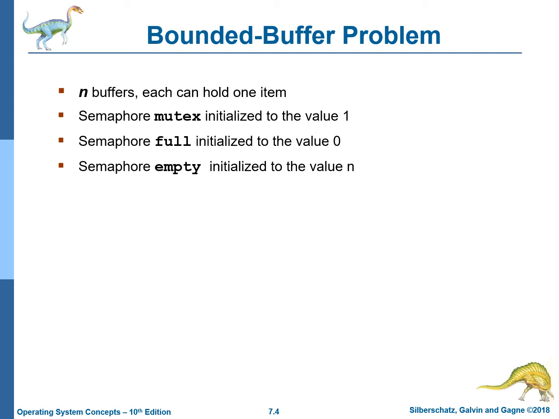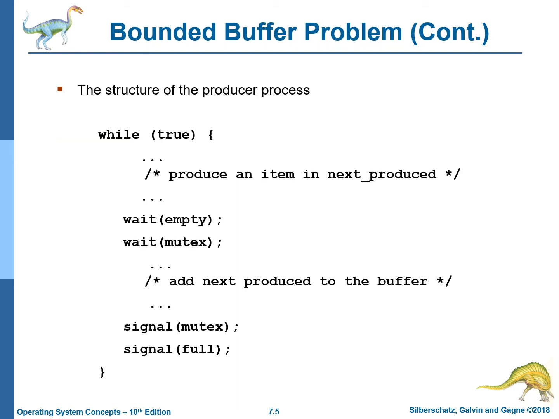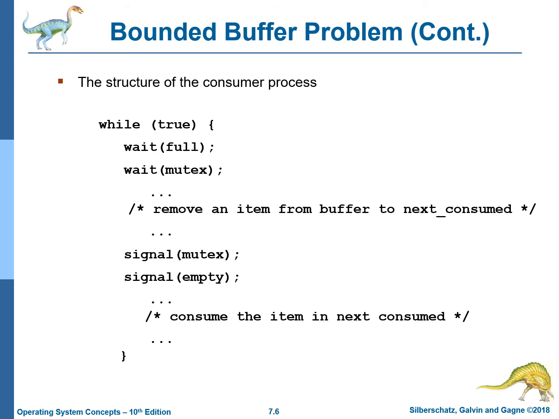We will see the symmetry between them. This is the structure of the producer process that I mentioned earlier: wait empty, wait mutex, signal mutex, signal full. And this is the structure of the consumer process.